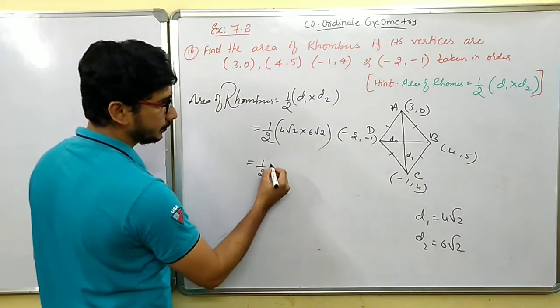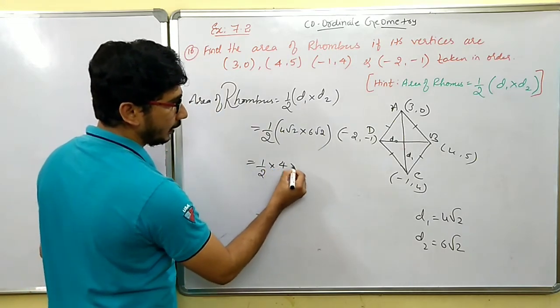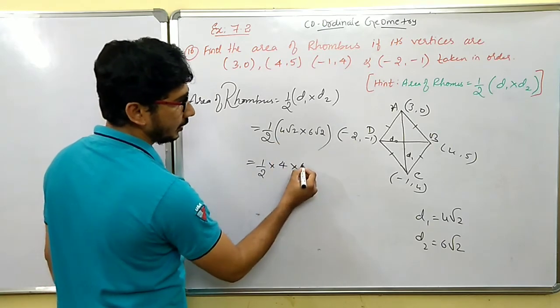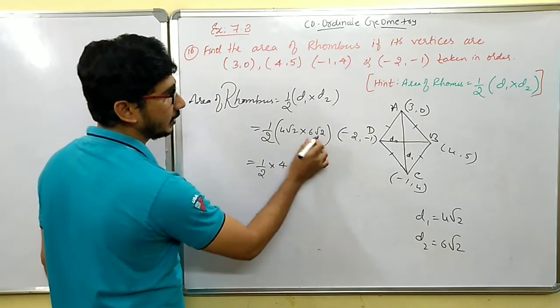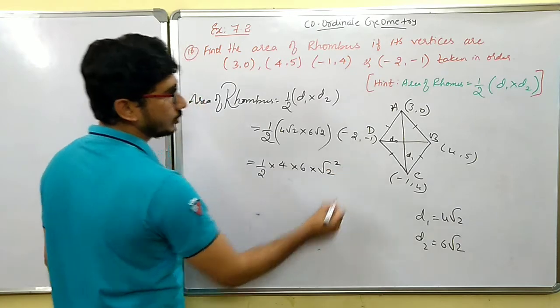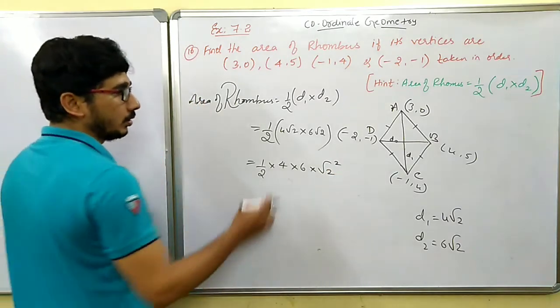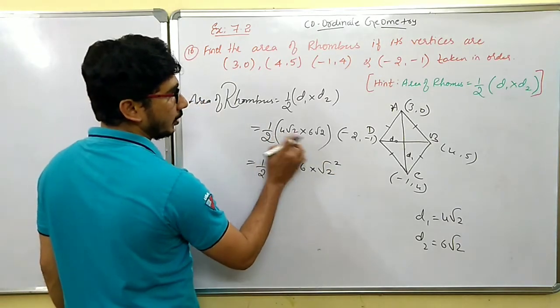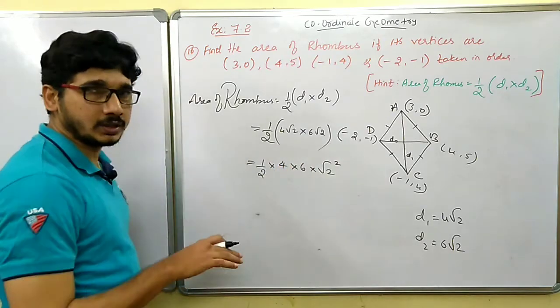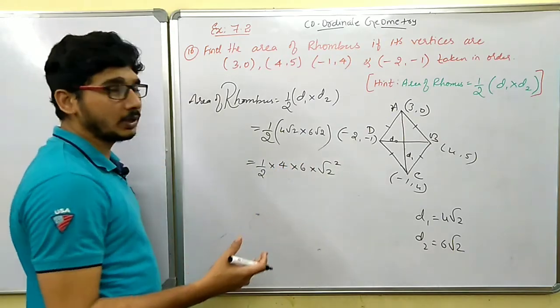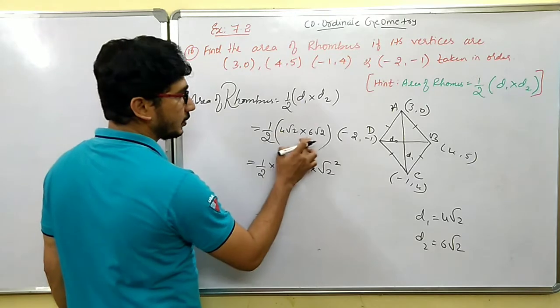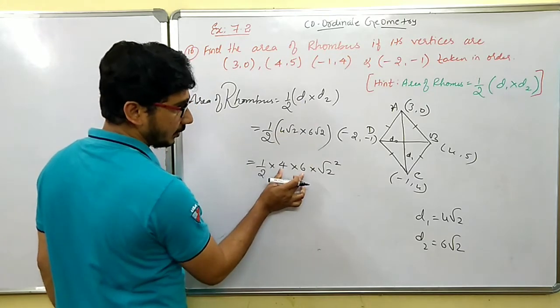What will happen? Half of 4 into 6 into this root, I will take it as it is, 2 into 2, 2 square. Okay. Inside the root we have to multiply inside the root numbers, and outside the root we have to multiply outside. 6 4s means 6 into 4 I have written separately.